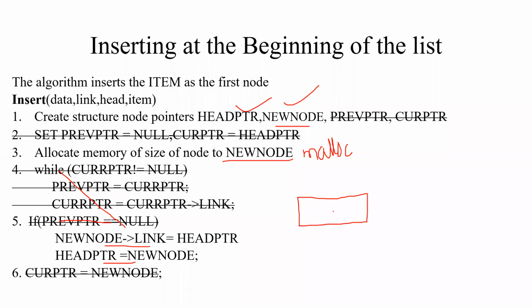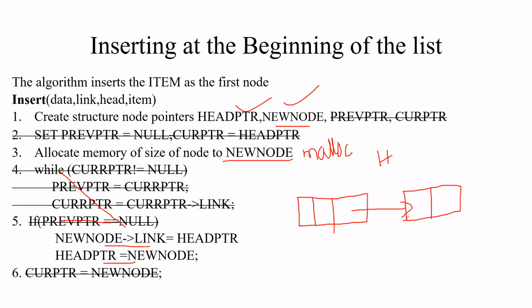The node which is created now with the 2 data parts, that is roll number and name, is going to be the first node. What is the thing which we have to do in order to make a new node the first node? Head pointer should be given the address of the new node, right? And if one node was existing before, then what do you have to do? Suppose this is the linked list which was already existing.